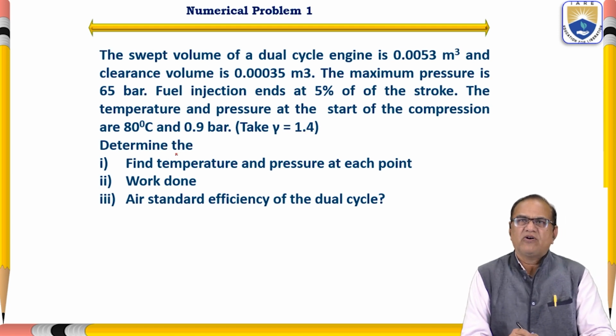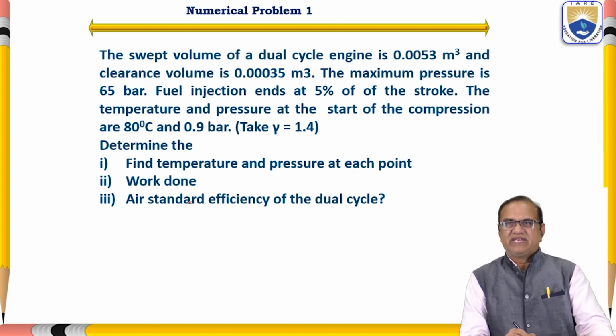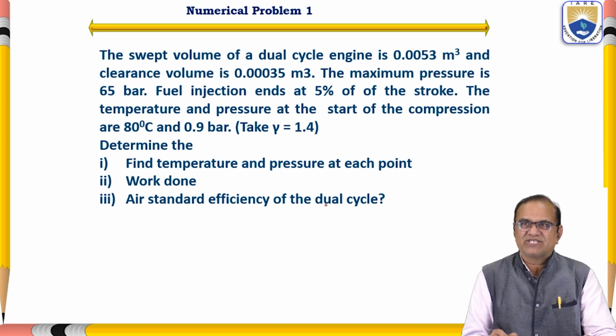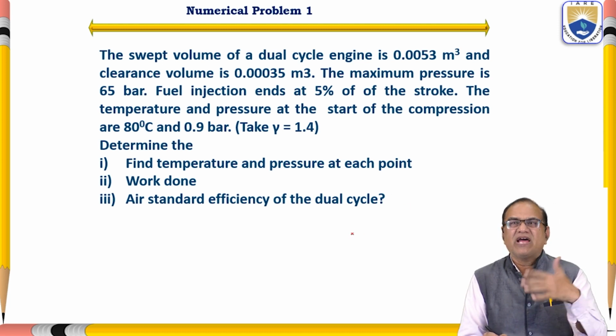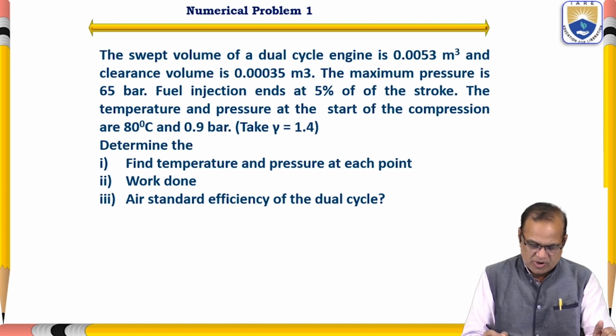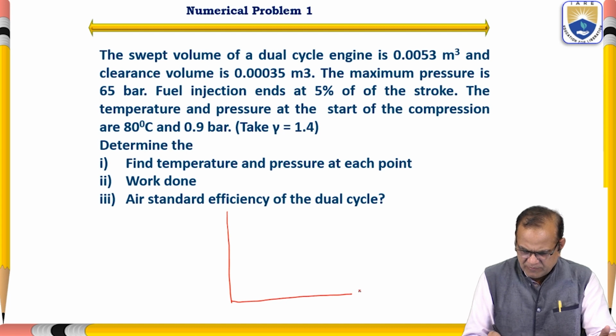So we have to find the temperature and pressure at each point, work done, and the air standard efficiency of the dual cycle. So first we should understand the concept and how we can go ahead with this problem. So I will just draw one rough PV diagram.